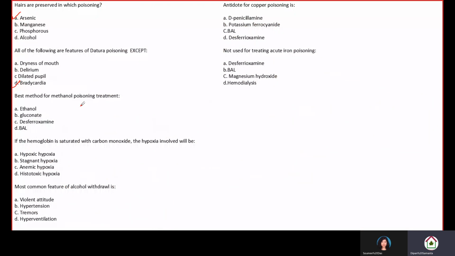So the best method for methanol poisoning treatment is ethanol, obviously, because ethanol infusion is a competitive inhibitor to methanol. Competitive inhibitor of which enzyme?